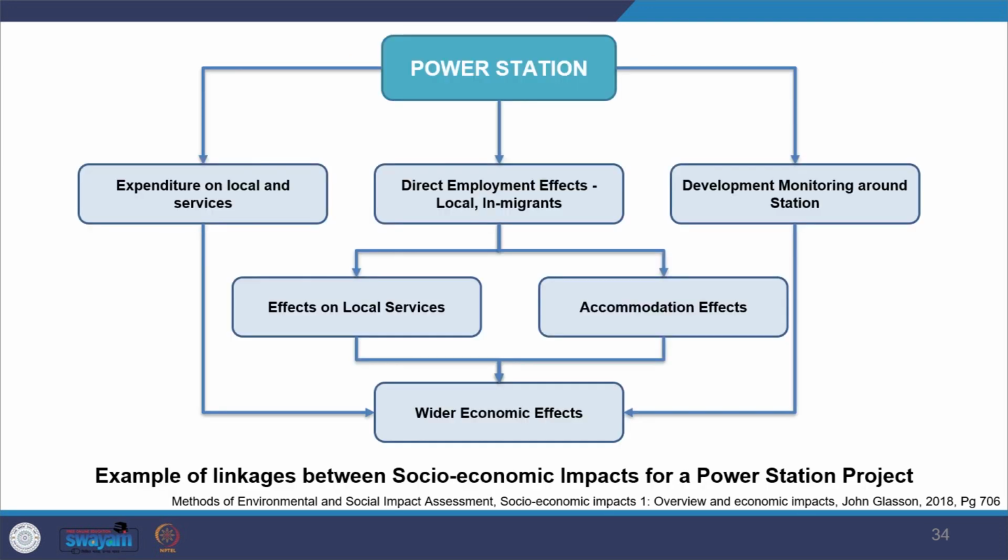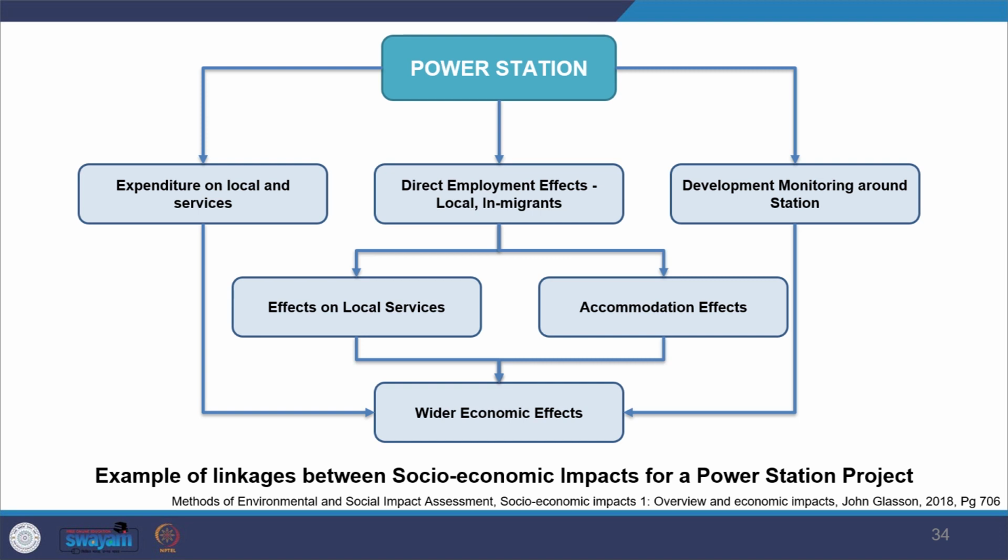So here in the diagram, you can see the example of this project, and then you can see how it generates expenditure on the local goods and services. It can make it expensive or cheaper. Then you can have direct employment effect, local, and then you can also have immigrants. Then you can also have their monitoring, which will take around the place.